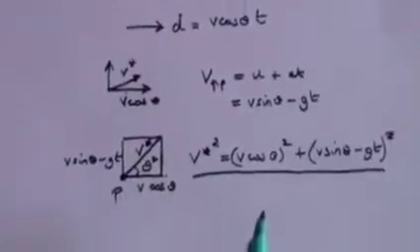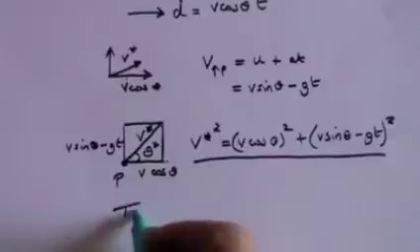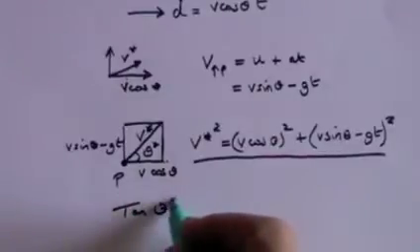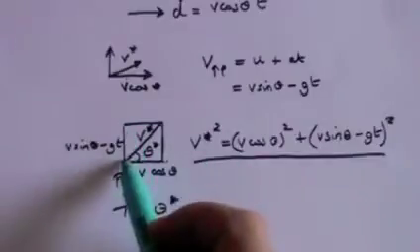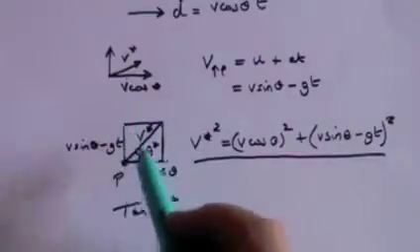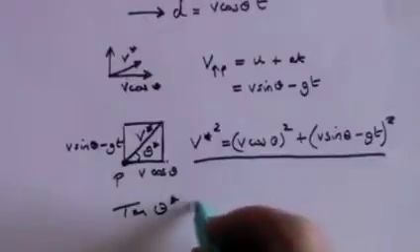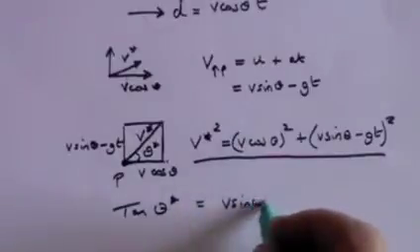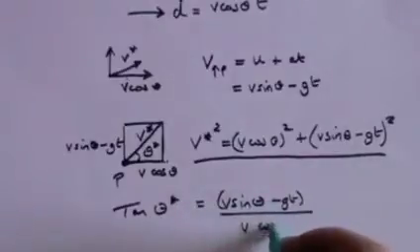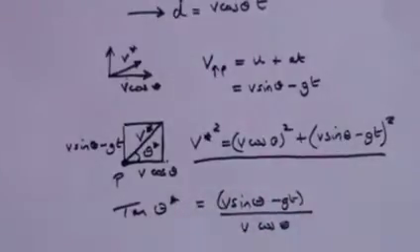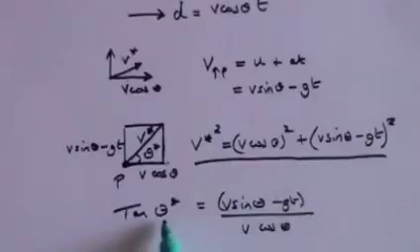Well, the tangent of theta star, the tangent of this new angle, is just this divided by this, which is v sine theta minus gt, all divided by v cosine theta. And again, that looks horrendous, but almost certainly you will be given values for theta or g or t, and you just have to calculate what tan theta star is.